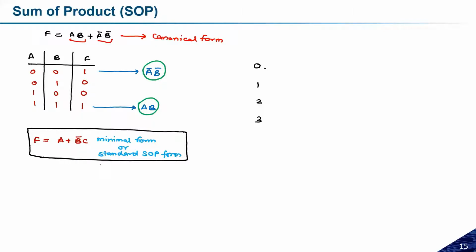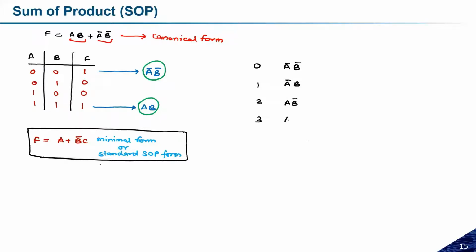Okay, if 0 is there, what it means is A and B are both 0. If A and B are both 0, we can write it as A bar, B bar. This represents A bar, B bar. The decimal equivalent 1 represents A bar, B. 2 indicates A, B bar.